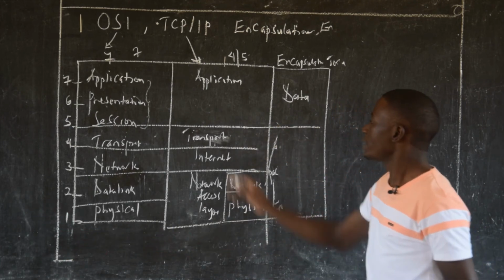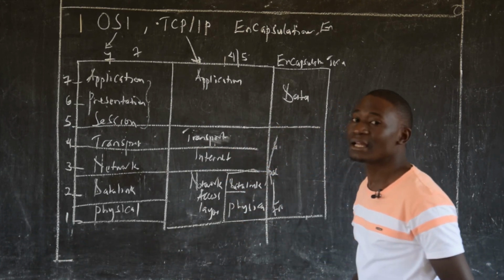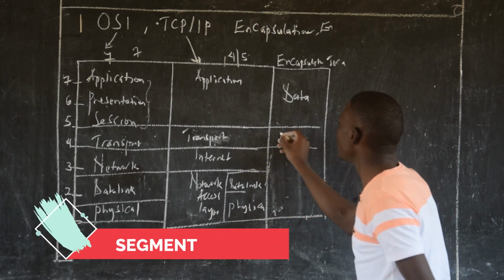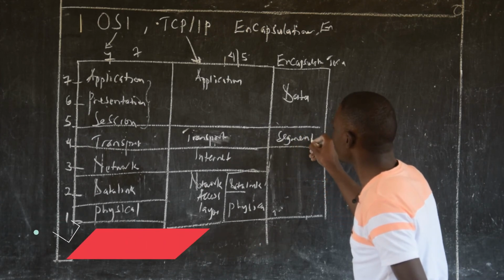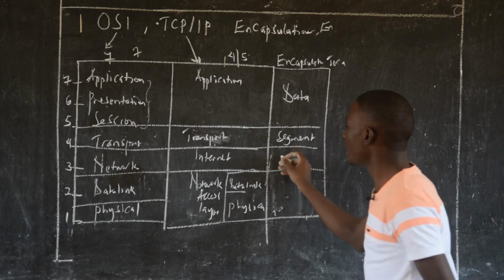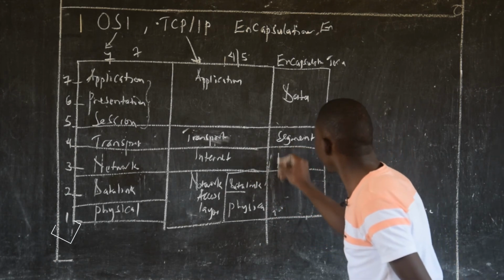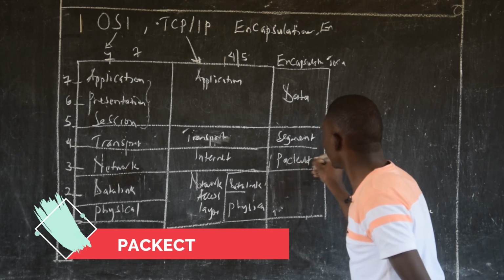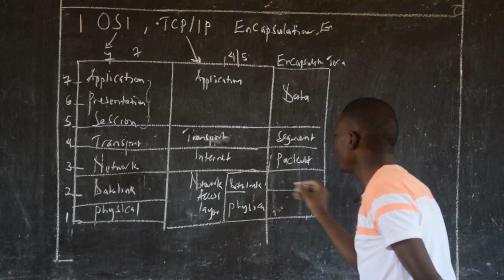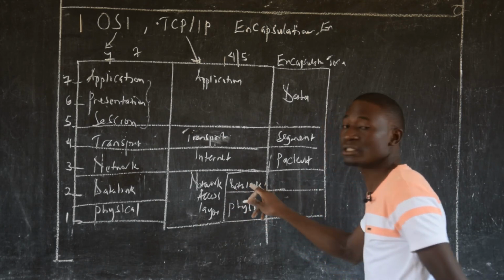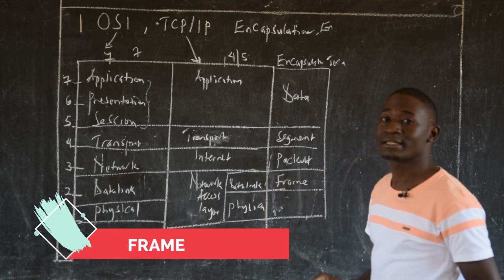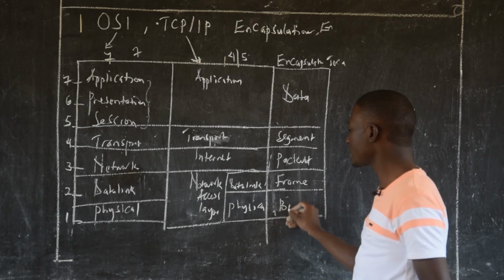Now, on the transport layer, this is going to add a header, so it becomes something else, a segment. Then, when it comes to the network layer, it is going to become a packet. Then, when it comes down to these layers, it is going to come as a frame. Remember, because it was divided, it is going to come as a frame. And lastly, it is going to move as the bits.